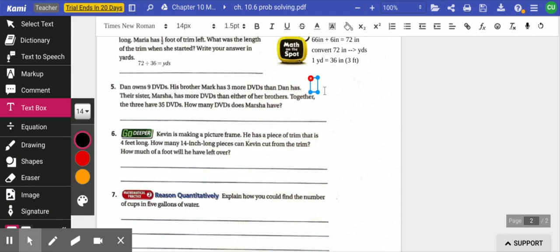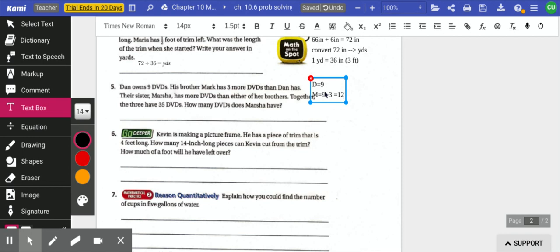So if I know that Dan has 9 DVDs, I know that Mark has 3 more DVDs than Dan, so I know that's 9 plus 3 should give me 12. And Marcia has more DVDs than either of her brothers.